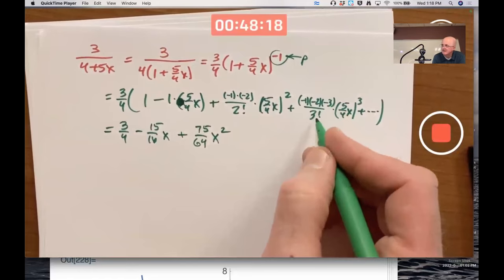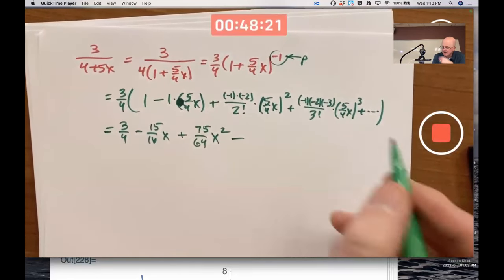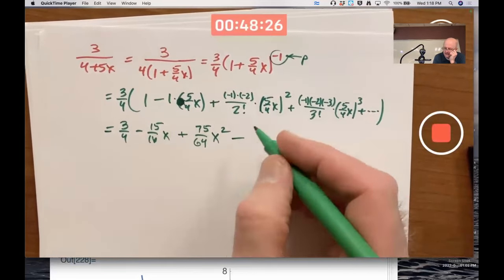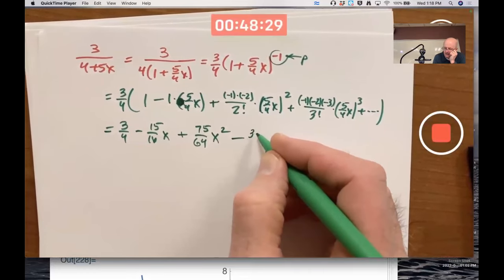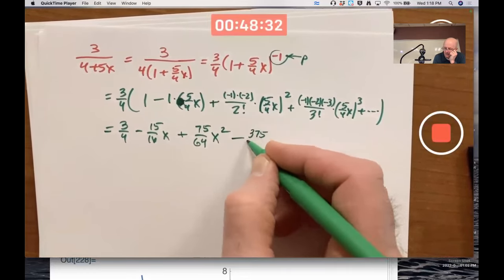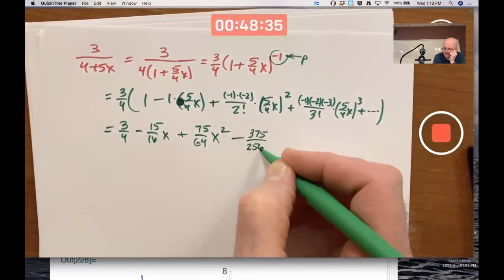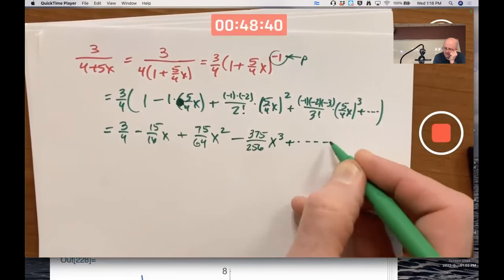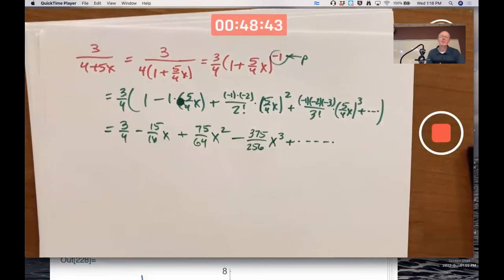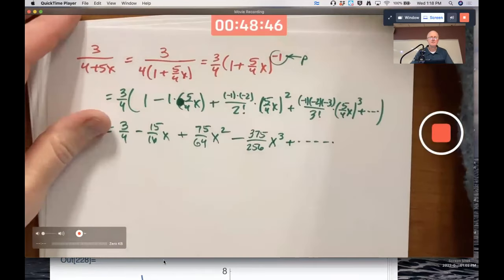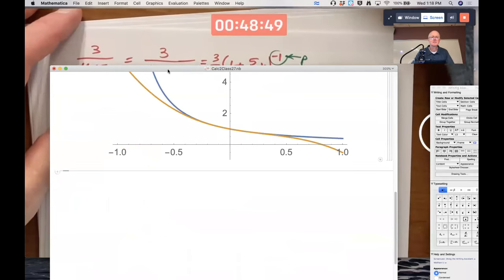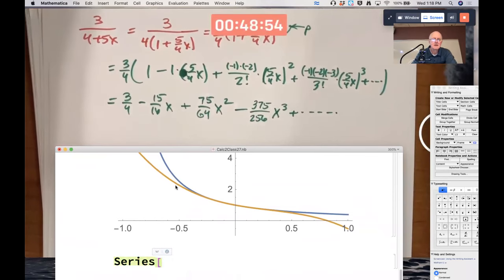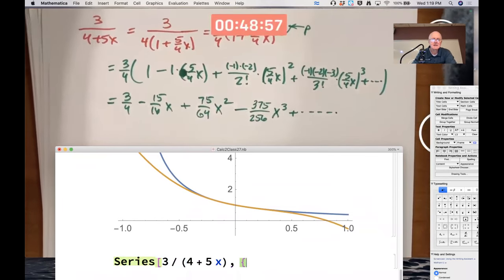This becomes a -1, so we get a minus sign. 5/4 cubed is 125 over 64 times 3/4 is 375 over 256, 64 times 4, x cubed, etc. This gives the series for 3 over 4 plus 5x centered at 0.